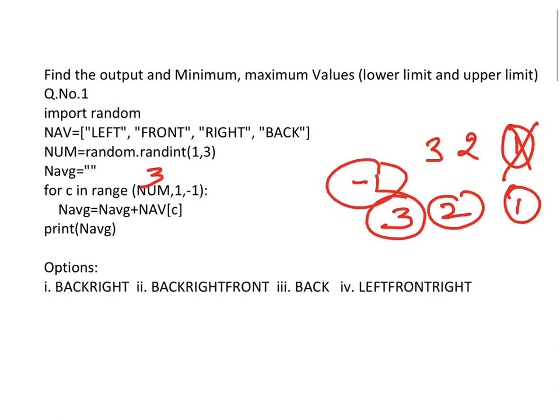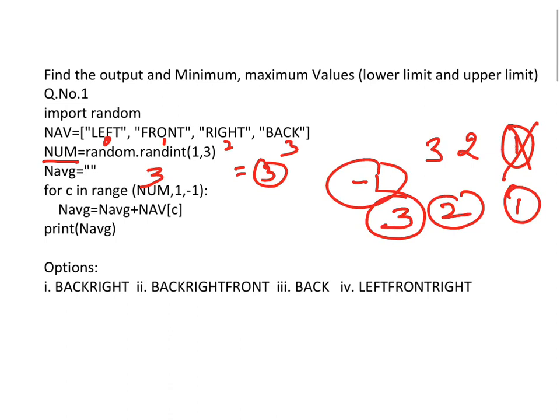So once again, you see here, you will take 0, 1, 2, 3. The maximum value of num here will be 3. Now this loop will be executed 2 times, and here nav g equal to nav g plus nav c.